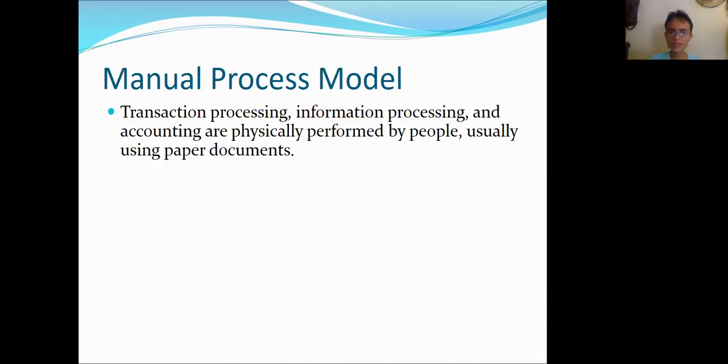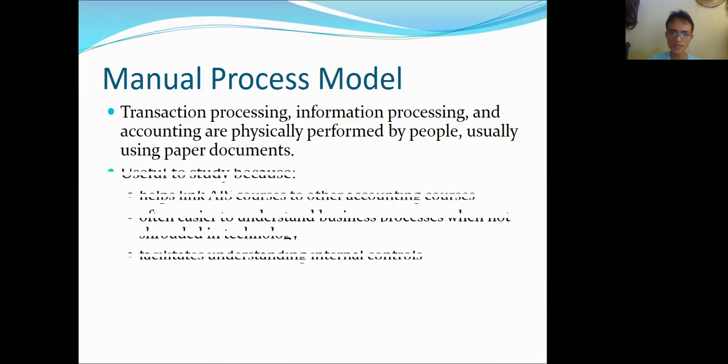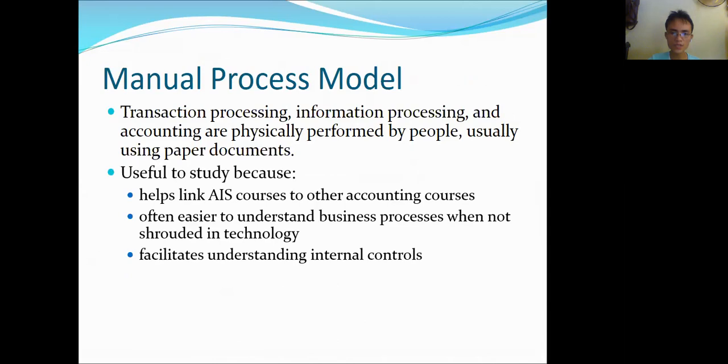Now, let's have the manual process model versus the database model. In the manual process model, we use paper documents, and these are physically performed by people, so prone to errors and more time in calculations. It's useful to study manual because we can link AIS to other accounting courses.